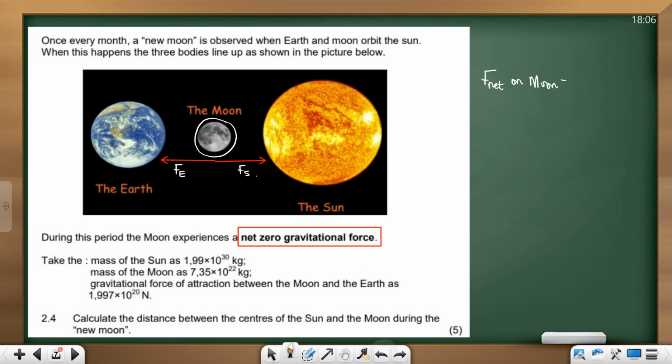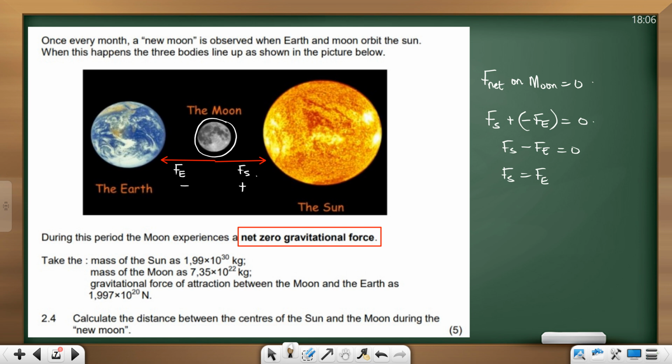I hope that makes sense. If we choose this as positive and this as negative, it can only happen, therefore, that Fs plus negative F of the earth on the moon is 0. So Fs minus Fe is 0. So the forces are actually the same. That's why the moon experiences a 0 force.